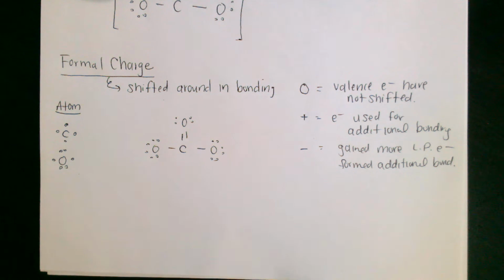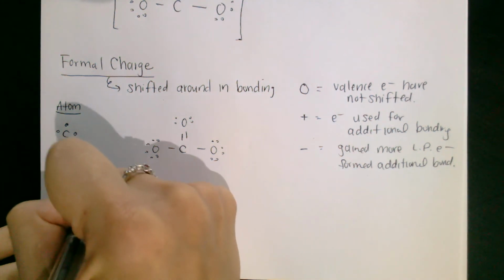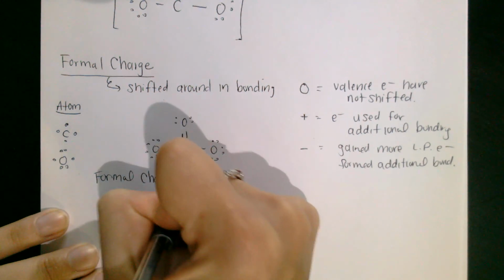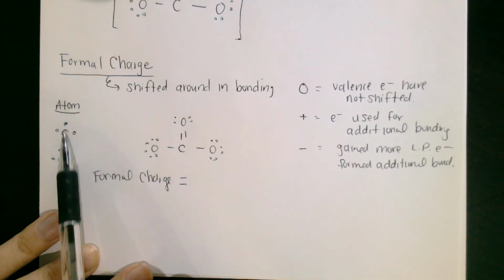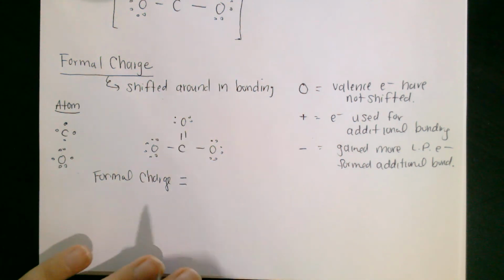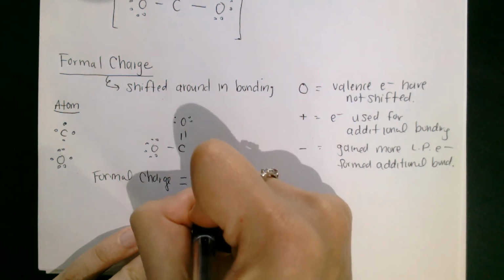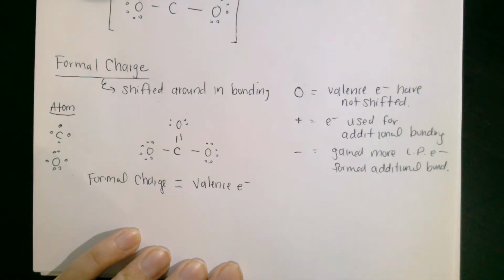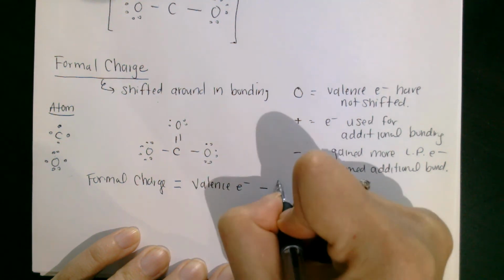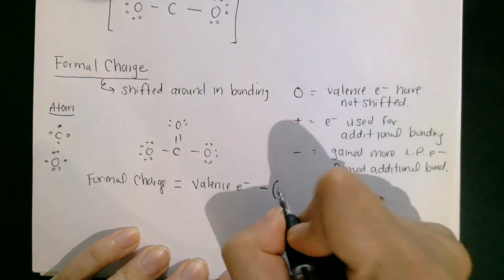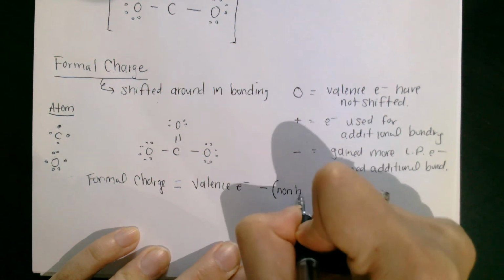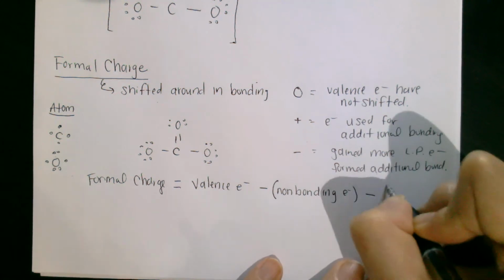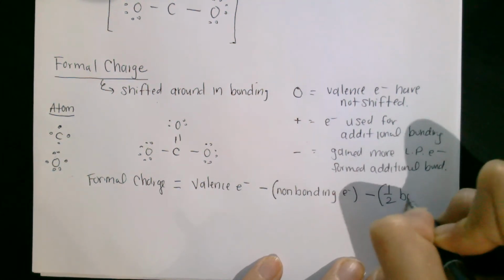Okay, so how we calculate formal charge. Formal charge equals, so we are comparing it to the atom. We're going to take the valence electrons. That's our start. We're going to subtract 2 things from that. The first one, we're going to subtract all non-bonding electrons, and then we're going to subtract 1/2 of the bonding.